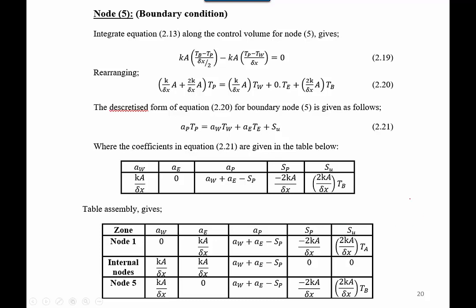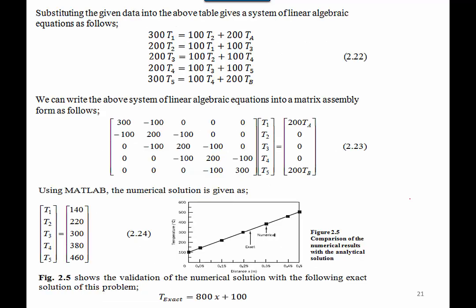So the next step, we substitute these variables written in this assembly table with the numbers and rewrite all the discretization equations for all the control volumes. And since it is 5 control volumes, that means we will have 5 algebraic equations as shown in figure 222 with 5 variables, which are T1, T2, T3, T4, T5.